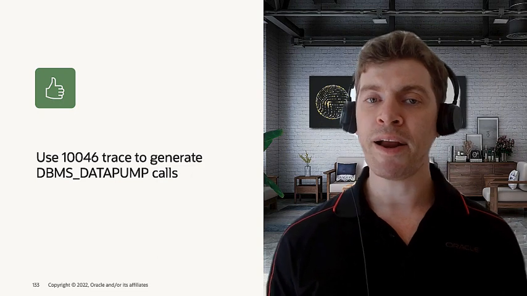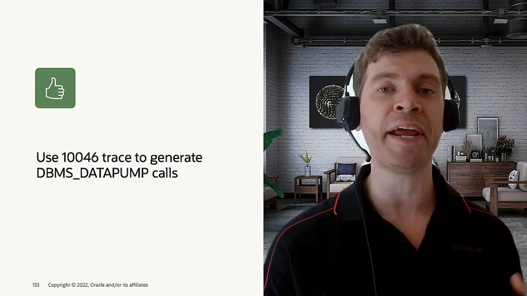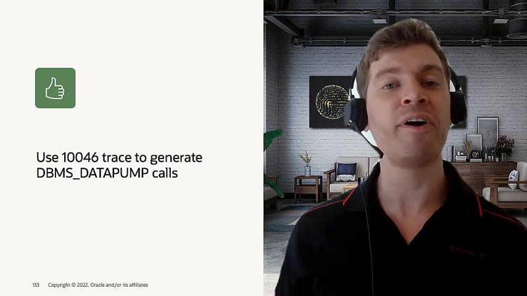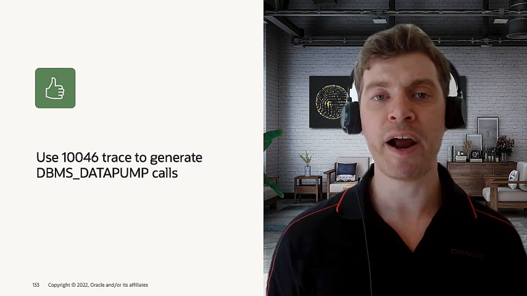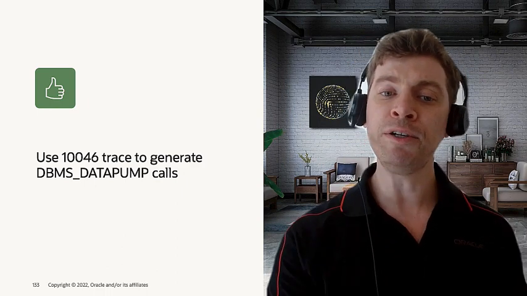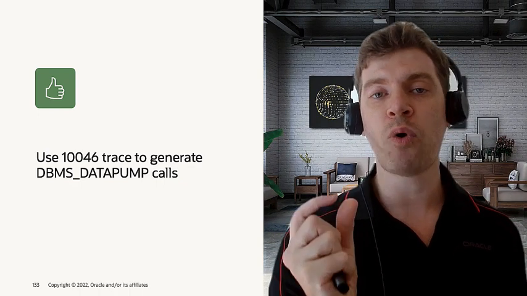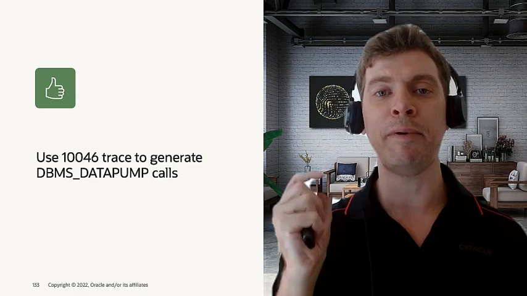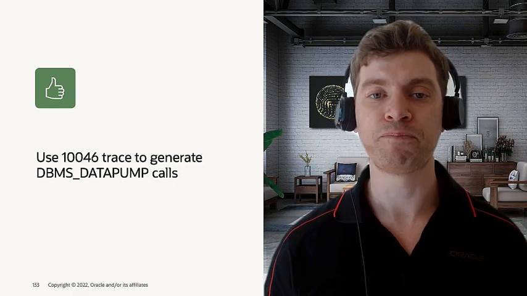Imagine now that you already have your script developed using the expdp command or the impdp command, and you want to convert it to a DBMS_DATAPUMP call. You can rewrite it from scratch based on the slides that I just showed you, or you can use event 10046 to get the actual calls in the DBMS_DATAPUMP API when you run the command at the binary level.